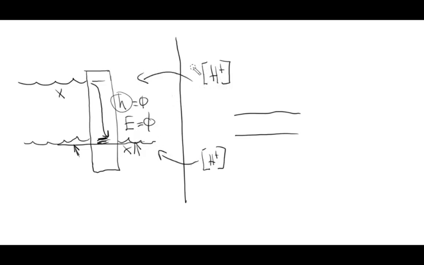This is higher than this one here, which is lower. Now we have a chemical gradient, whereas this here was a water gradient, a physical gradient. So now we have a chemical gradient that is stored in this difference in concentration.